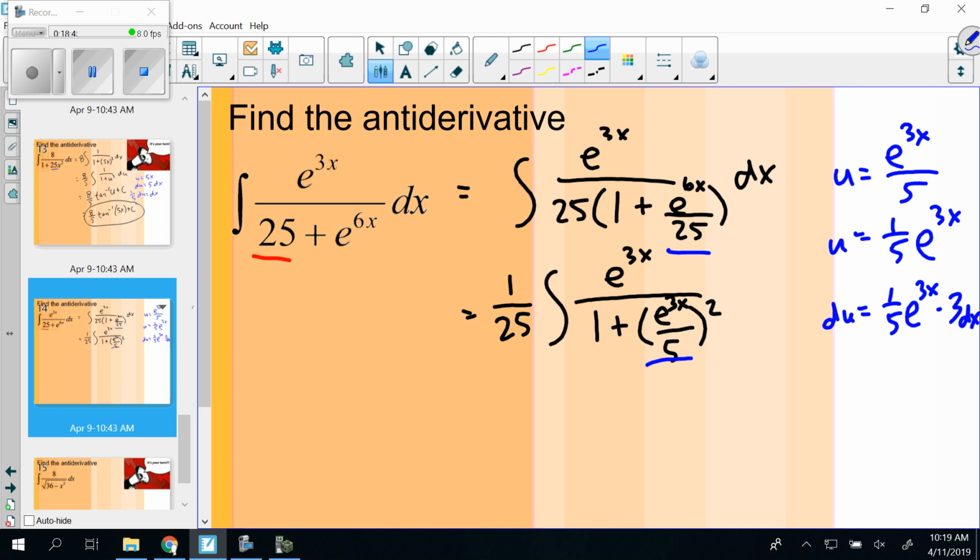And so moving this stuff to the other side to solve for dx, this is like a 3/5, so we'd have a 5/3, and there would be an e to the 3x on the bottom if we multiply by the reciprocal there.